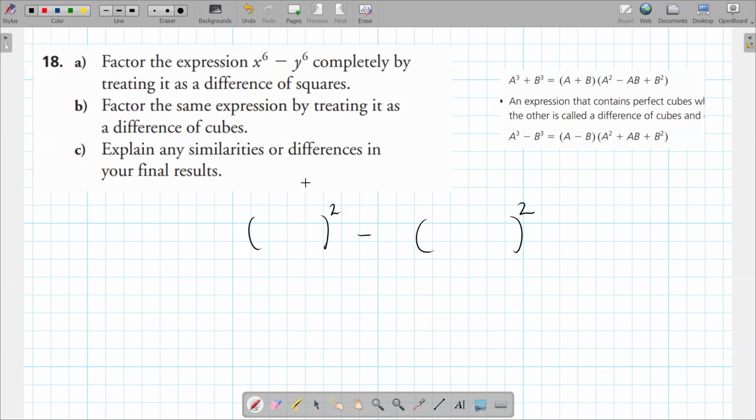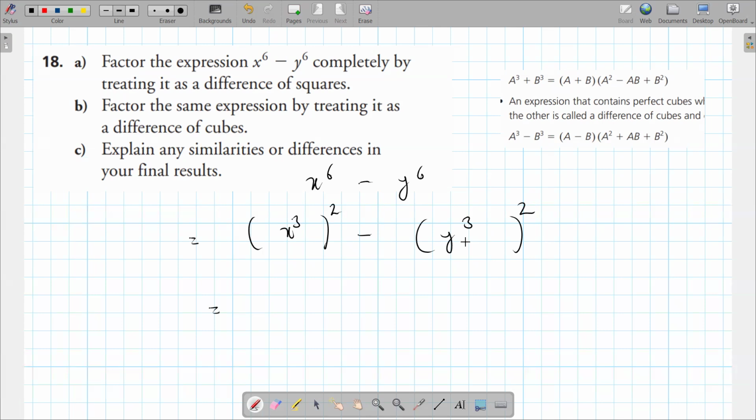So if we started off with x^6 minus y^6, we want there to be squares outside of the bracket. What goes inside of the bracket then? Any ideas on what goes inside the bracket? We had degree 6. Y cubed. Yeah, x cubed.